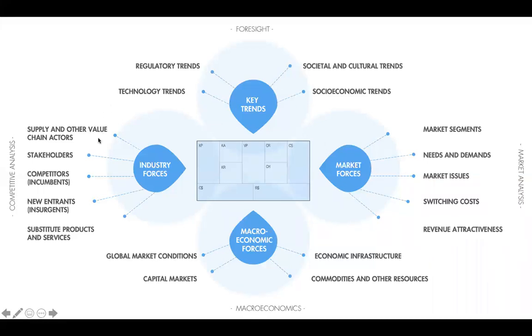And then you look at the industry forces. Here, we look primarily at industry players, right? So who are the suppliers and other value chain actors? Who are the stakeholders in the industry? Are there incumbent competitors? For example, I saw just now, Raniza is creating terung asam jambu batu snacks.